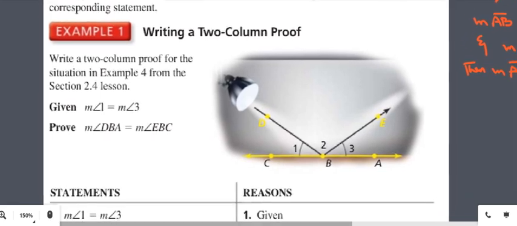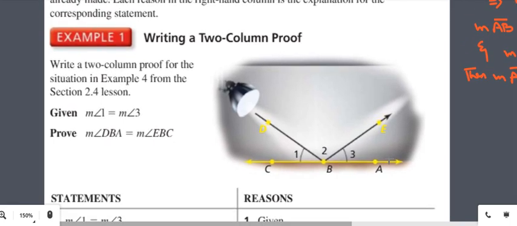Now for example, look at this example. We are given a statement: write a two-column proof for this situation. We are given that measure angle 1 is equal to measure angle 3. This is given.